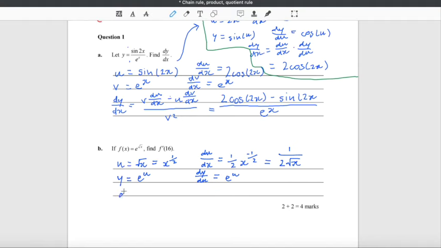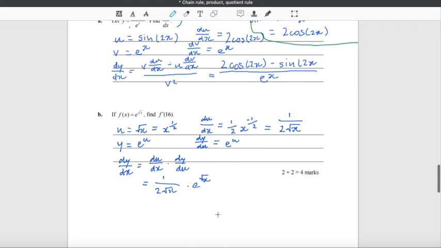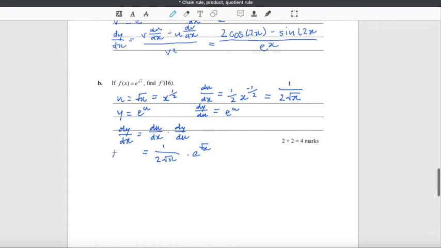Then we just have to apply the chain rule, which is dy dx equals du dx times dy du, which equals, well, du dx is 1 over 2 root x times e to the power of u, which is root x. Good, so there's our derivative function, so that's f dash x.